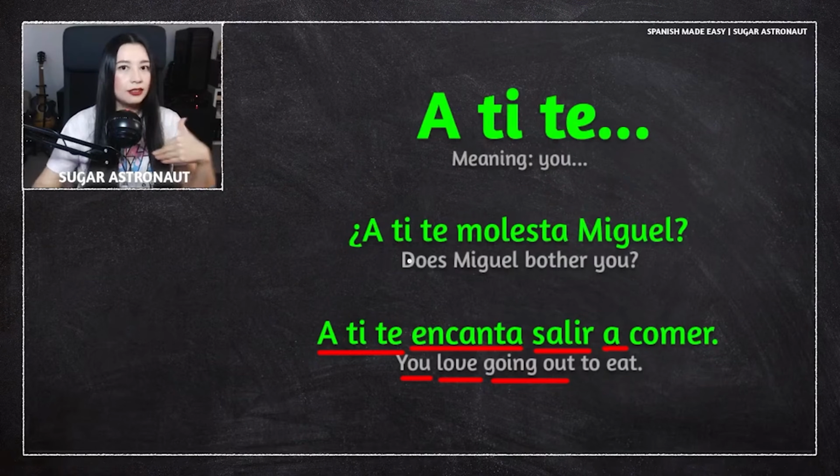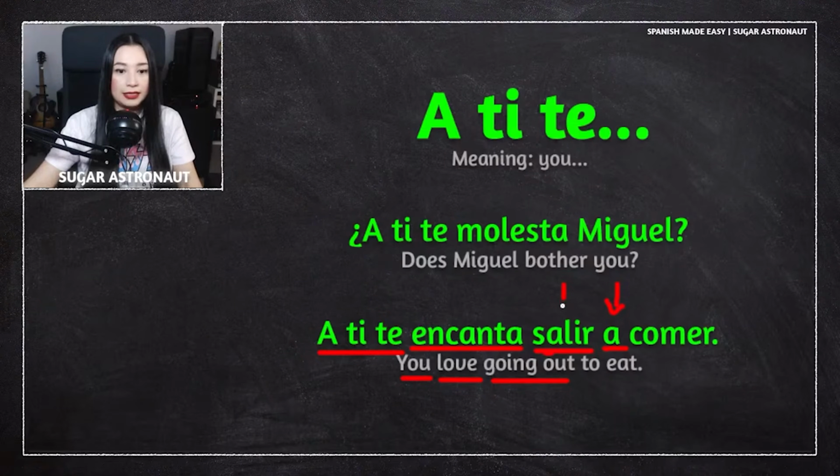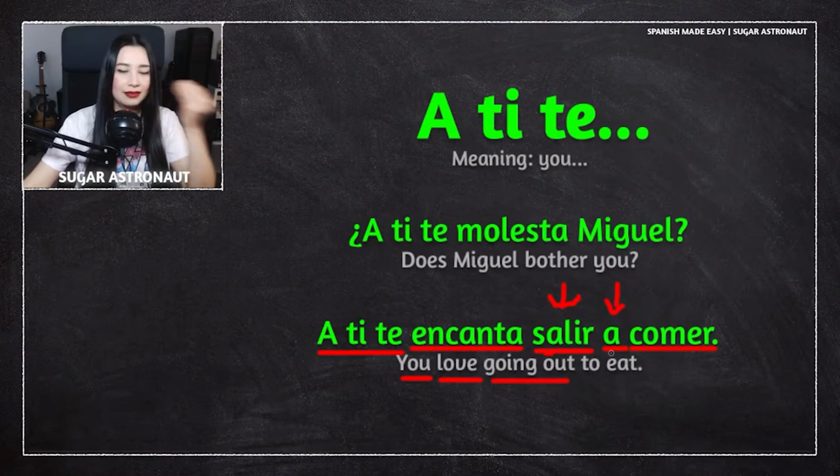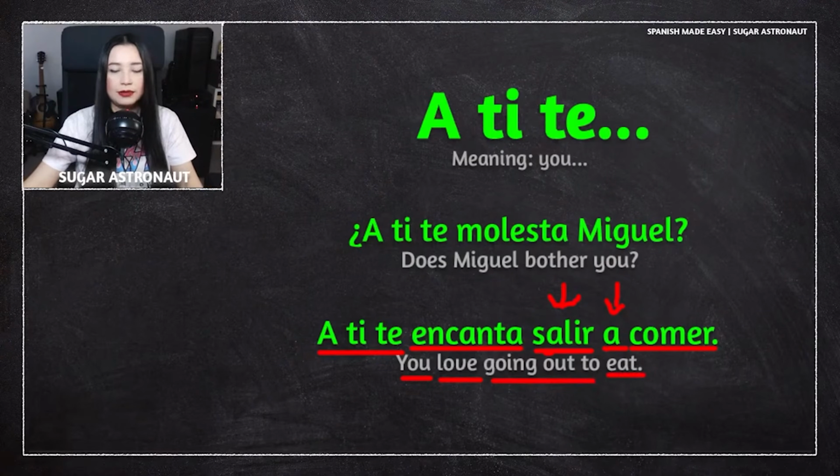But we want to say to do something, right? What specifically? What do you like doing out when you go out? So keep in mind that if you want to add more to the sentence, then you need the a when using salir. The letter a when using salir. Salir a, going out to, and then comer, eat.